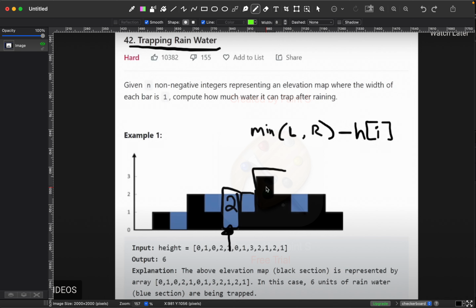For here is between, I feel like it's this and this, but the height is just so high, so I can't really calculate.